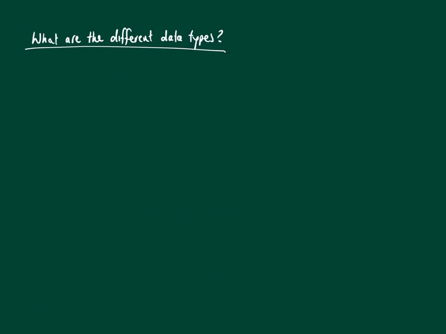Let's finish this video by just briefly discussing the different data types you might encounter when you're creating a database. We've already talked about text and number, and hopefully that's self-explanatory. But other data types exist in databases which maybe don't relate to the data types you know about from programming.